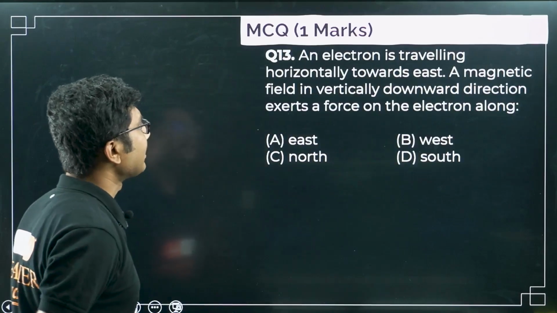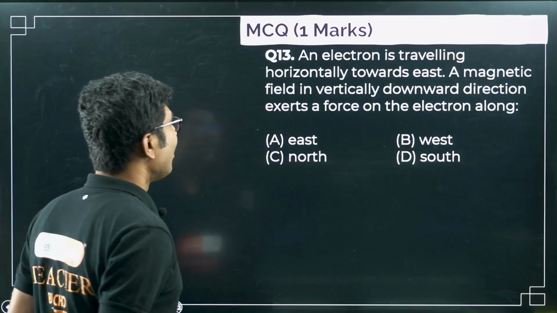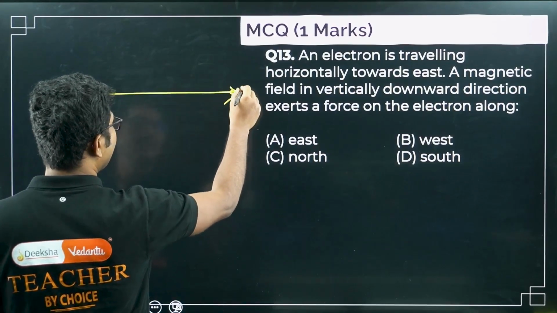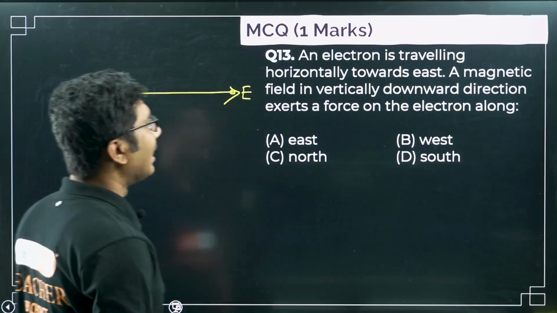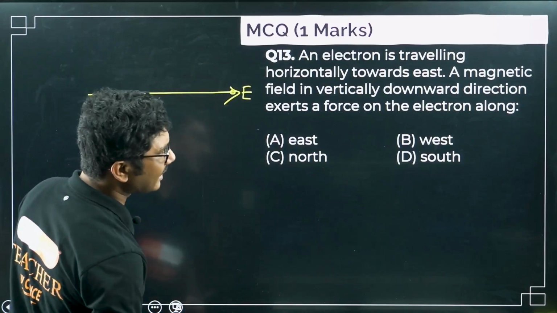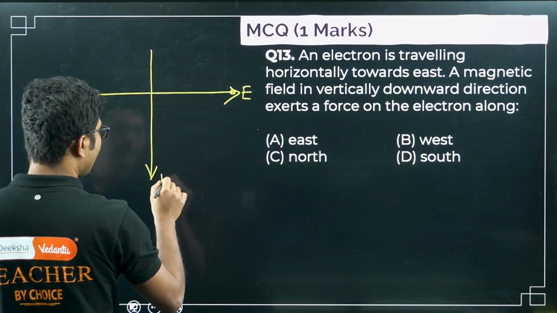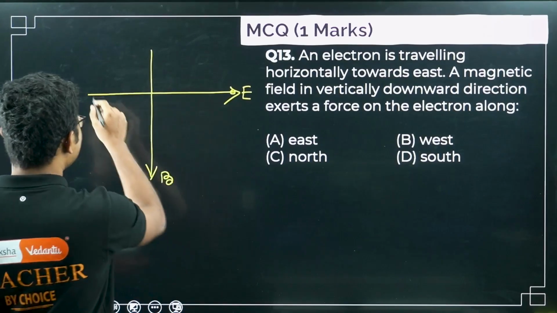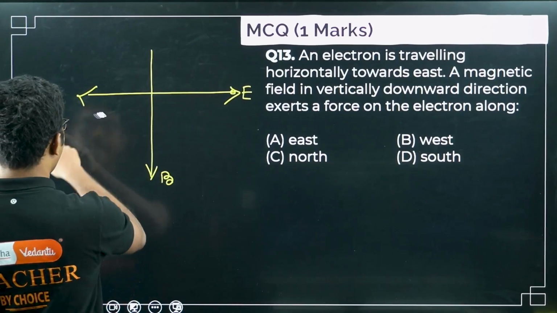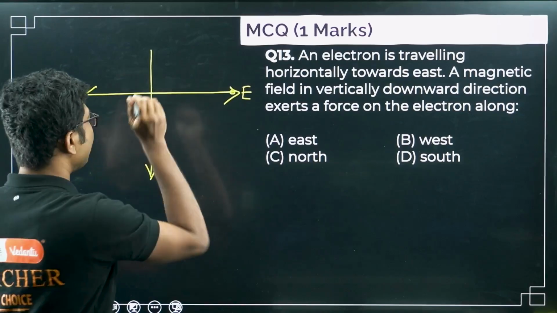Question number 13. An electron is traveling horizontally towards the east. A magnetic field in the vertically downward direction exerts a force on the electron. This is east, this is west, and north and south are like this.